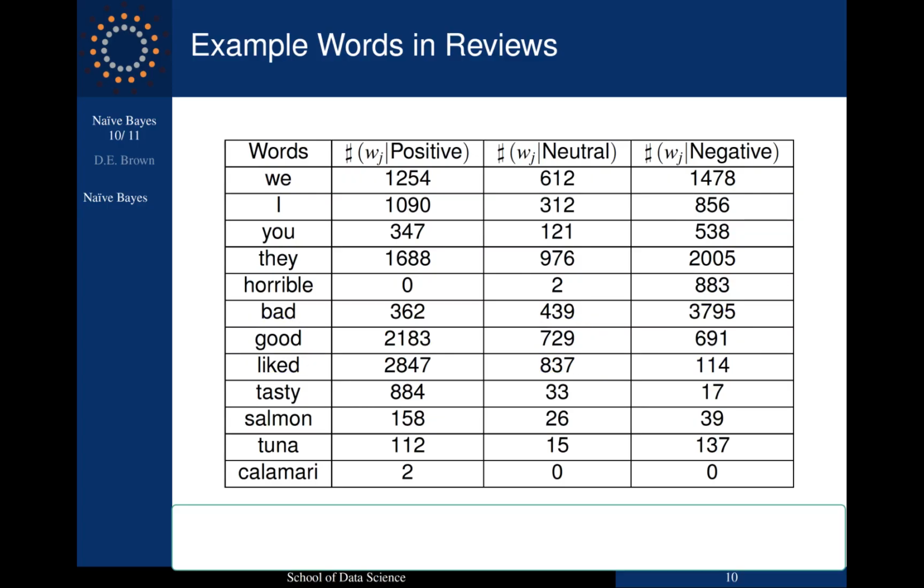Horrible has 0 appearances in positive reviews, but it could appear there. Since we're just using a bag of words approach, they could be saying, this restaurant was not horrible, for example, and without that smoothing parameter we'd lose that. Same thing with the word calamari. It appears very rarely, so this must not be a seafood restaurant, and that's something else we wouldn't pick up on.